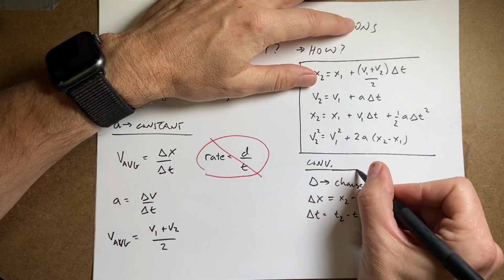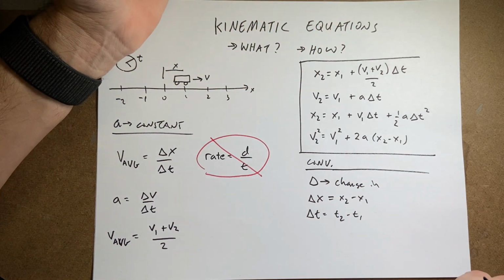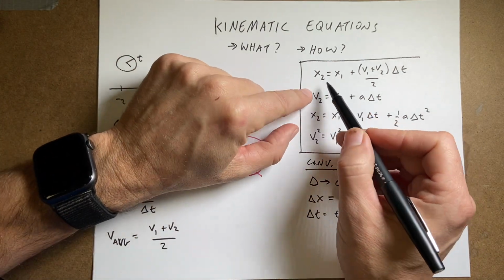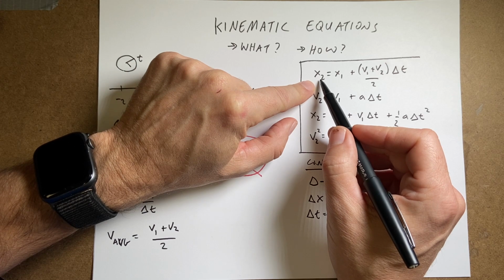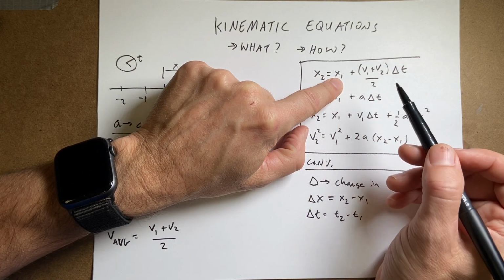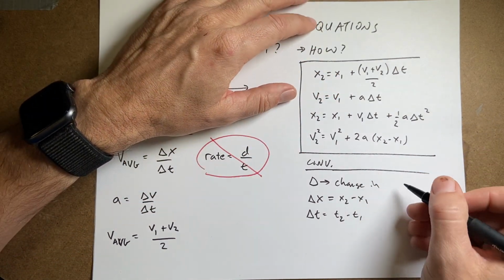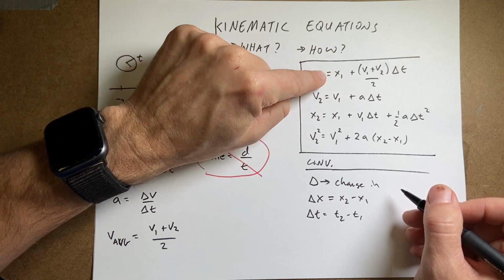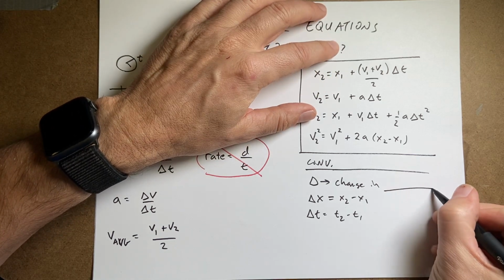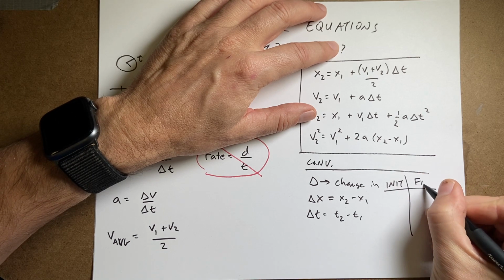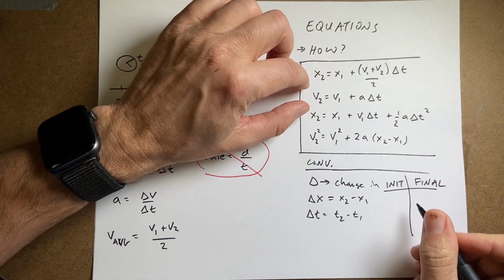Okay, let me put down my other conventions. You may see here I'm using this equation right here tells you what the final x position is, and that's the initial x position. So you may use something like 1 and 2 to represent initial and final. If I draw over here some options, initial, final, what subscripts could I use?